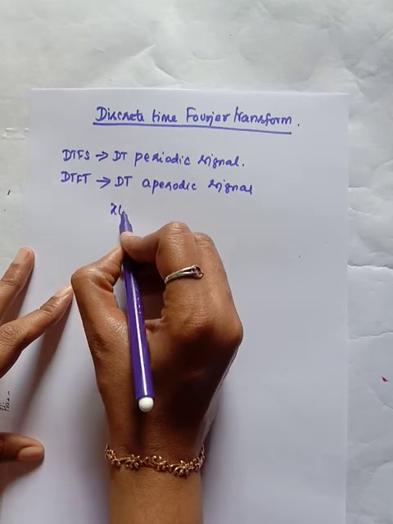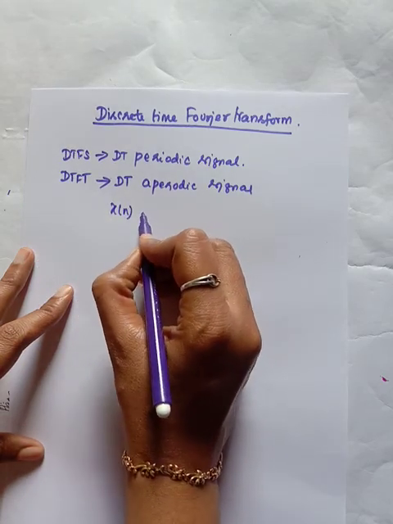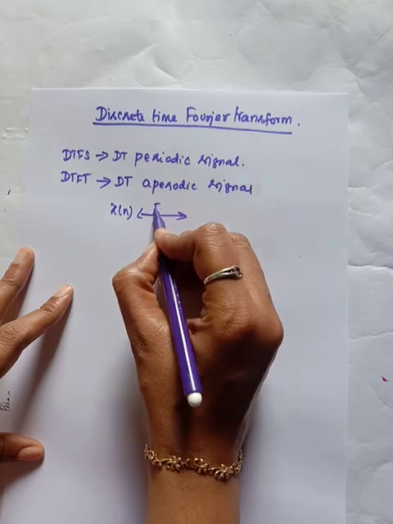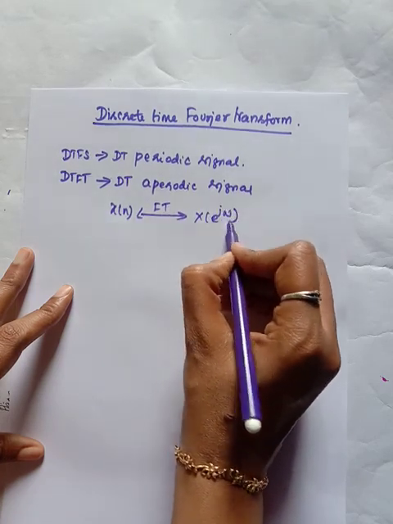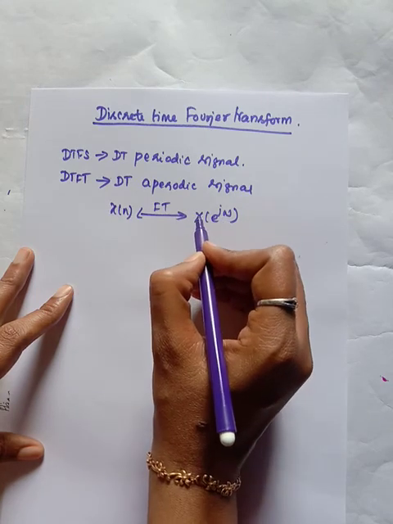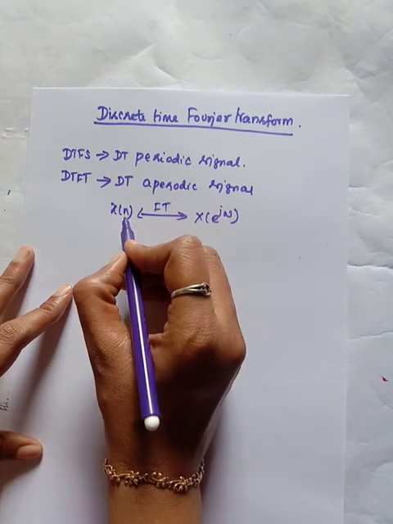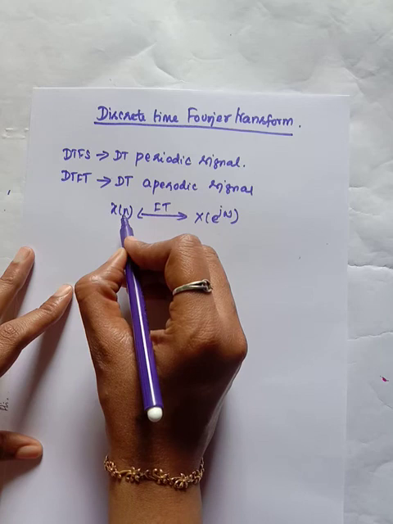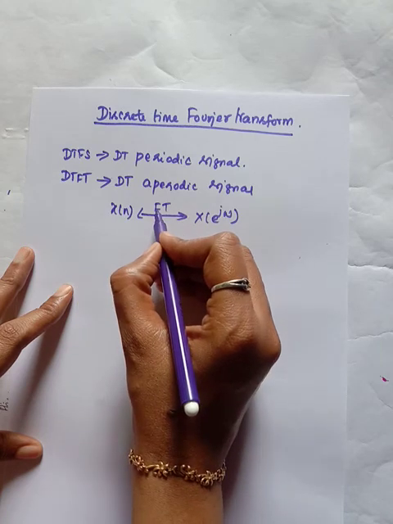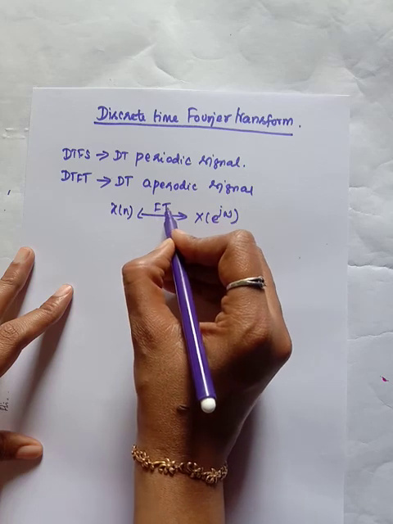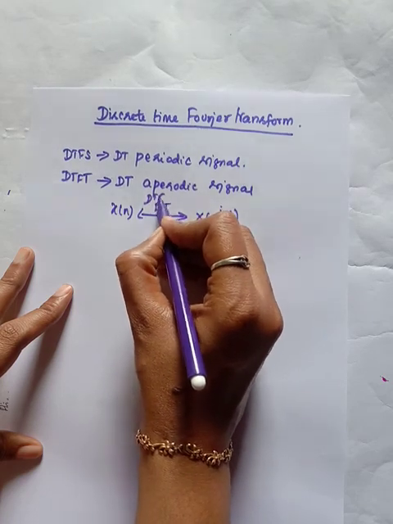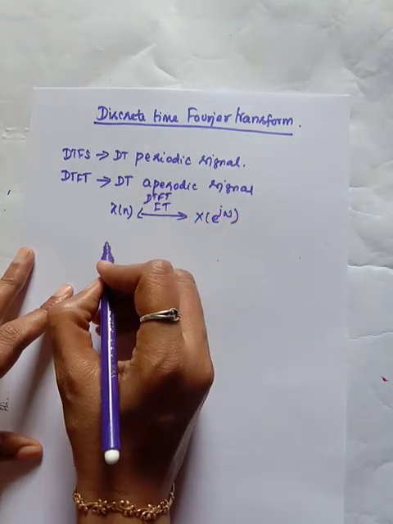Now the notation is: x of n is a discrete time signal and its Fourier transform is represented by x of e power j omega. You need to be careful that x of n represents a discrete time signal, so it is a discrete time Fourier transform. We can write it either as FT or DTFT. Okay, so discrete time Fourier transform.